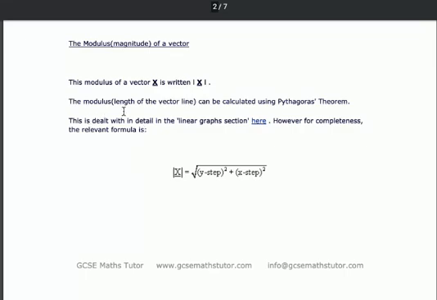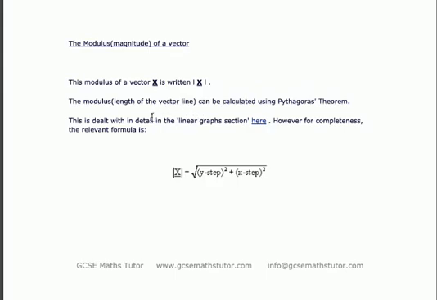The modulus, or the magnitude of a vector, can be calculated using the Pythagoras theorem. As we saw in the figures above, a vector can show a right-angled triangle, and the vector becomes the hypotenuse of the triangle. Since we have a right-angled triangle, we can use the Pythagoras theorem to find the length of the hypotenuse, which is our vector.